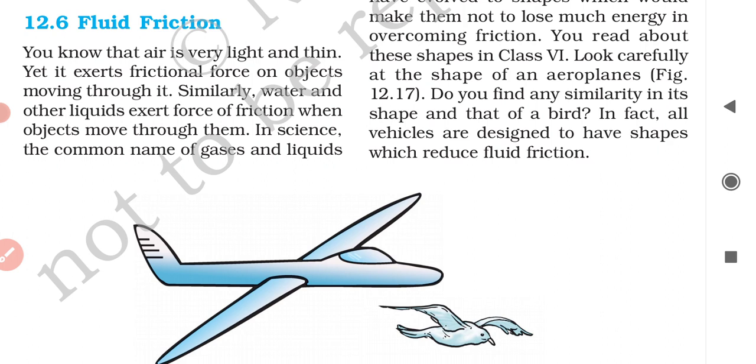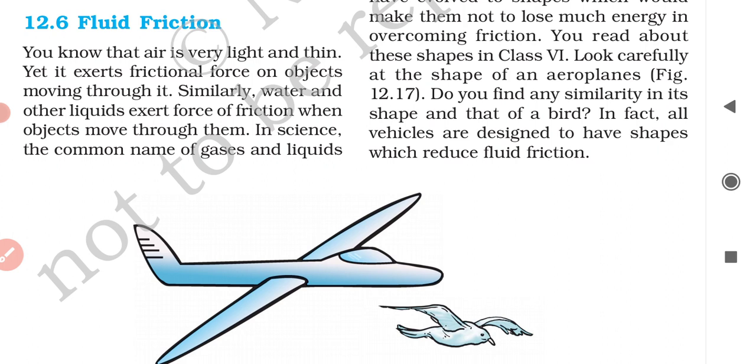Air is very light and thin, but it still exerts a frictional force on objects which are moving through it, and it opposes their motion. When an object moves through air, it pushes the air out of the way, and air pushes back on the object.